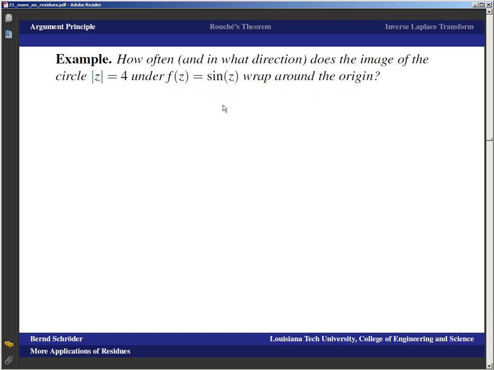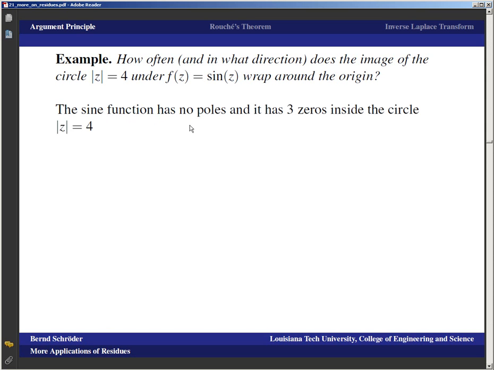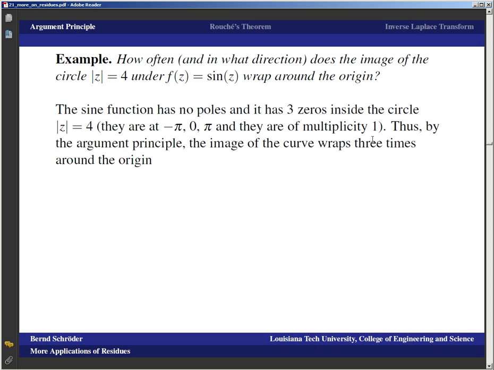If you've got really good visualization, you may want to try it, but here, with the argument principle, you just realize that the sine function has no poles, and it has 3 zeros inside the circle absolute value of z equals 4, and they are, of course, negative pi, 0, and pi, and they're all of multiplicity 1.